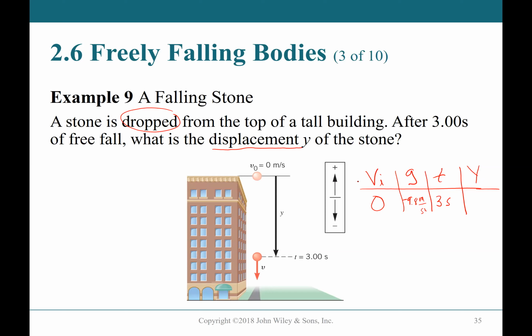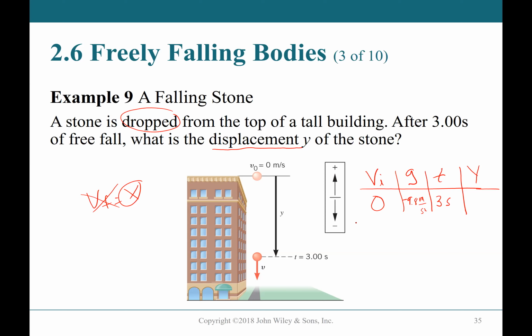And of course, you notice here that the equation I want to use is the one that does not give me the final speed. I don't know what that is, right? That's not given. If I don't know that, then I can't use that equation. So immediately then I think about my equations and I say, now which one has initial velocity, acceleration, and time? And I'm trying to find y.